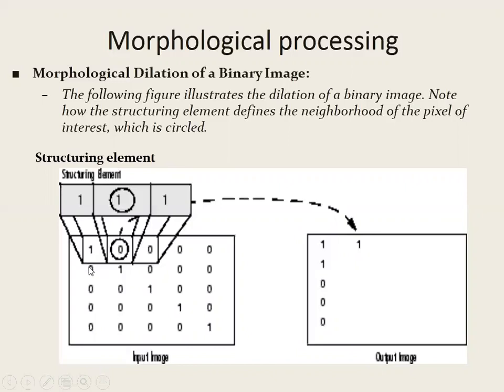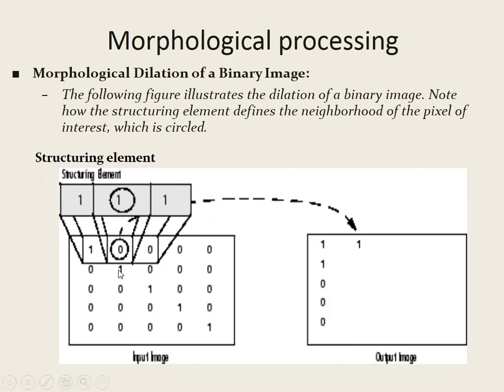If you go down to 0 also, again we are putting the 1, 1, 1 structuring element on this point, and we are aligning the central pixel in our structuring element to the central pixel that we are considering in the input image. Then in the right direction there is 1 which is aligned to the input image 1.